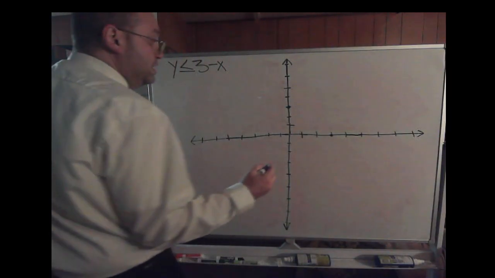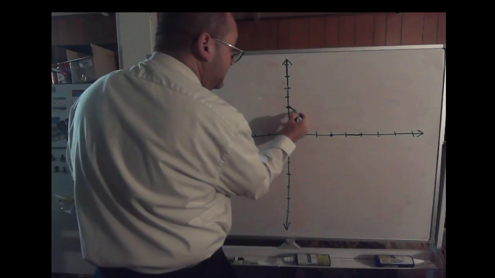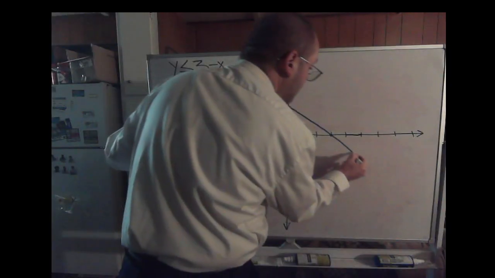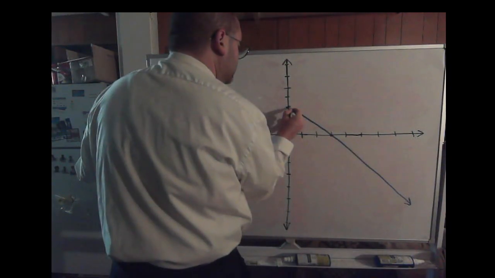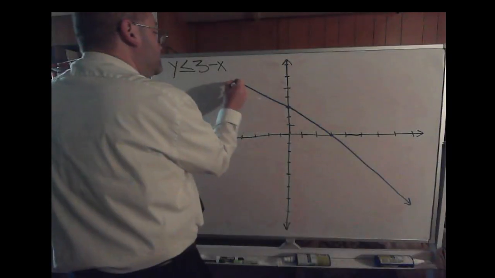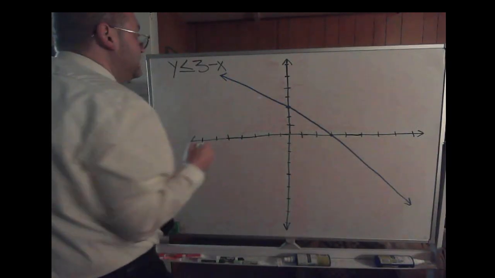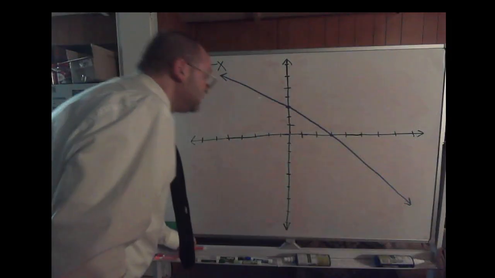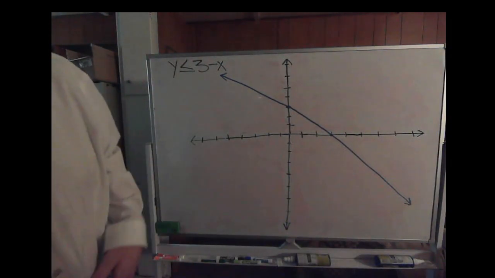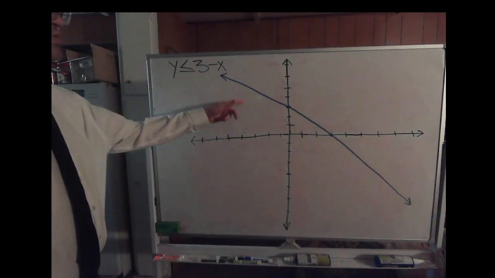Alright, so you're going to draw a solid line here, since it's got the equal component. The reason it's solid is since it's equal, we want to actually include that line in our solution. So now you have a nice solid line of y equals 3 minus x.